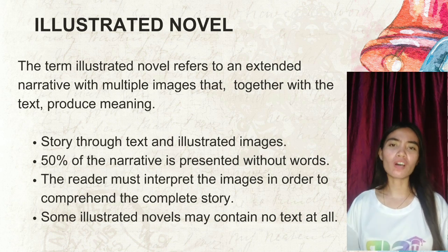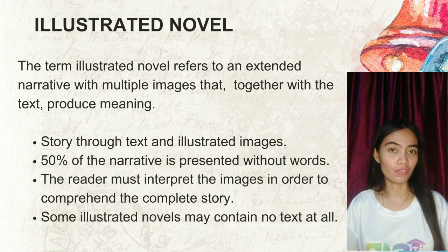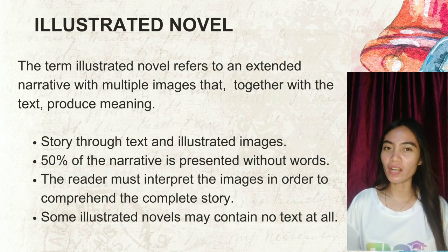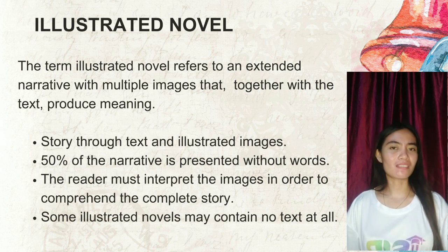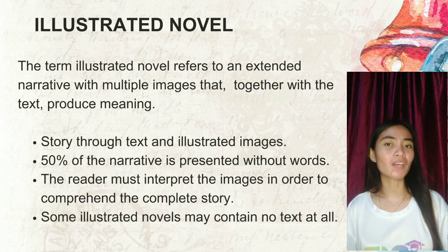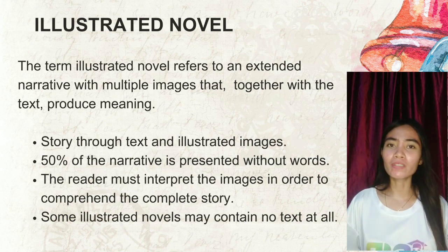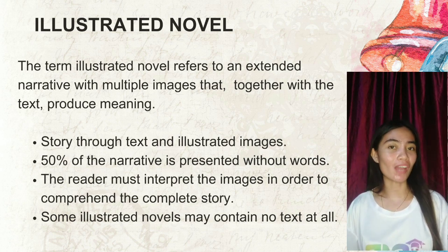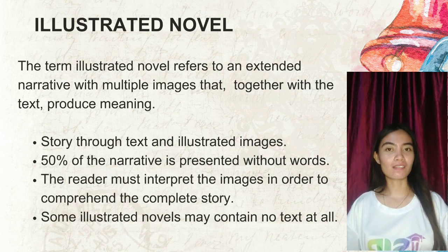So, illustrated novels combine text and images to convey a narrative where the images are as crucial as the words. In some cases, the images alone might carry the narrative, requiring readers to interpret and piece together the story from visual elements without textual guidance.